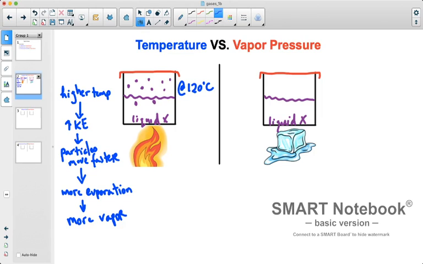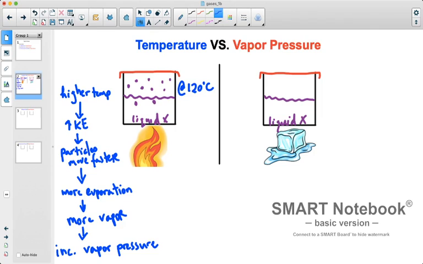And that push is really that vapor pressure. So every one of those particles is going to increase the total vapor pressure, because there just happens to be so much vapor above the surface of the liquid.